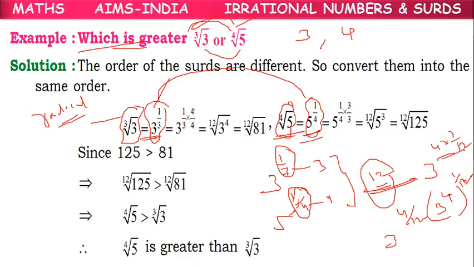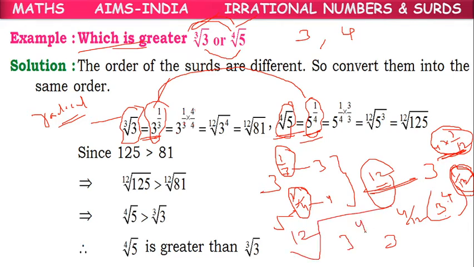Since in the exponent we have a product, it can be written as two powers: 3 power 4, whole power 1 by 12, where 1 by 12 is the exponential form. If we convert into radical form, 1 by 12 stands for the 12th root.